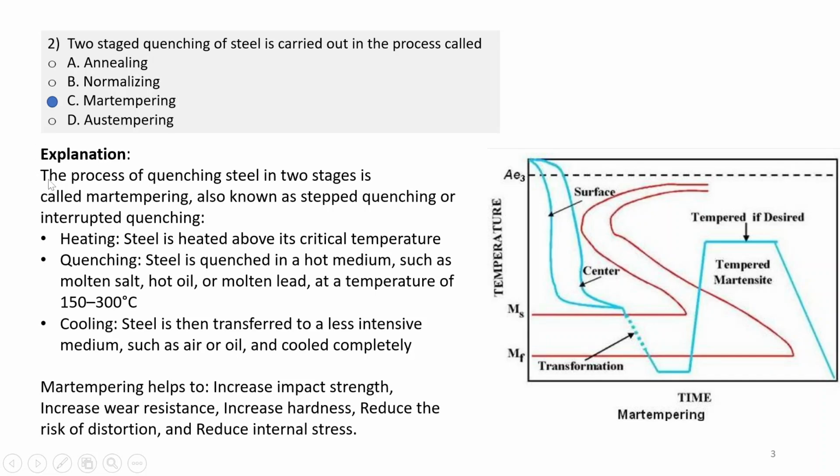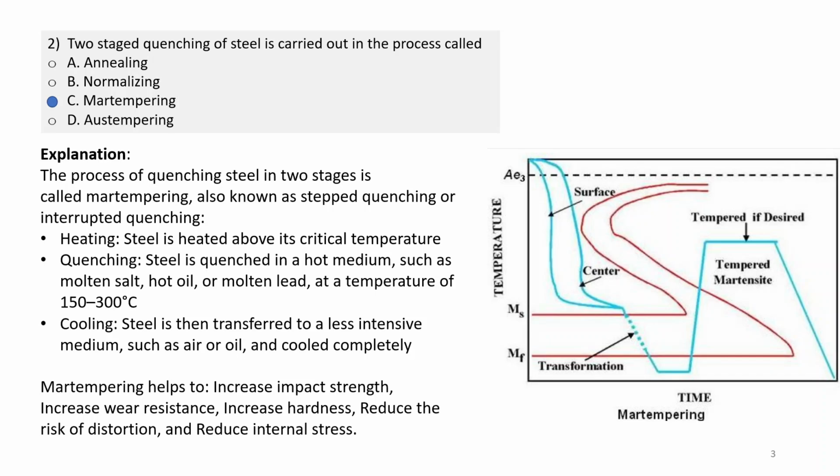So the process of quenching steel in two stages is called martempering, and it is also known as stepped quenching or interrupted quenching. In this case, steel is heated above its critical temperature and quenched in a hot medium such as molten salt, hot oil or molten lead at a temperature of 150 to 300 degrees Celsius.